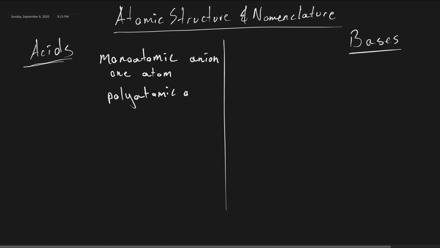A quick thing is that the chemical formula for acids always has a hydrogen in the beginning.